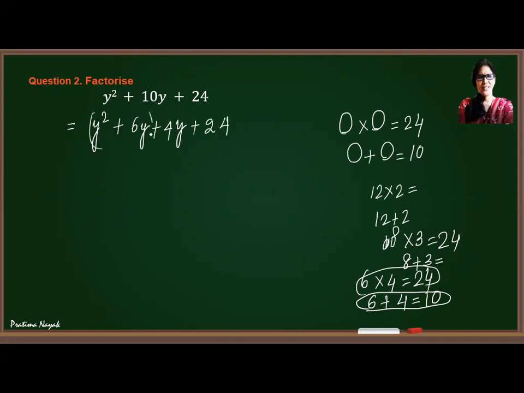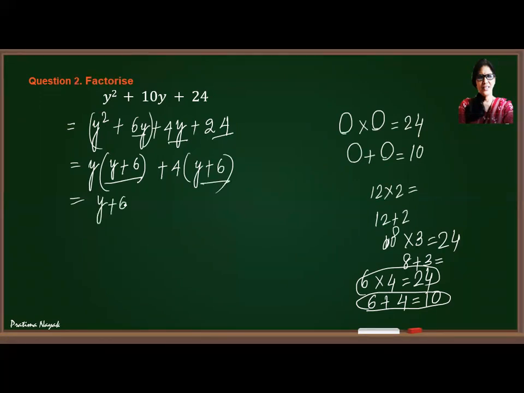Next, you make pairs. First, I'll take y common. So y will be left from y square, and 6 will be left from 6y. Next, I'll take 4 common. 4 into y, 4 into 6. Then y will be left, here 6 will be left. So next, I'll take y plus 6 common. For the first term, y will be there.